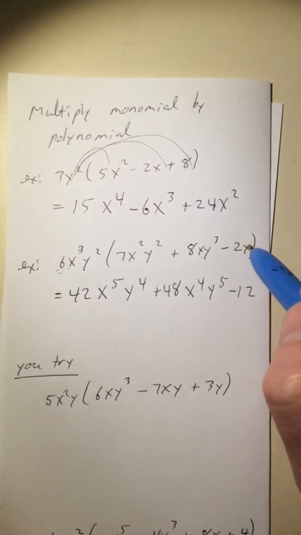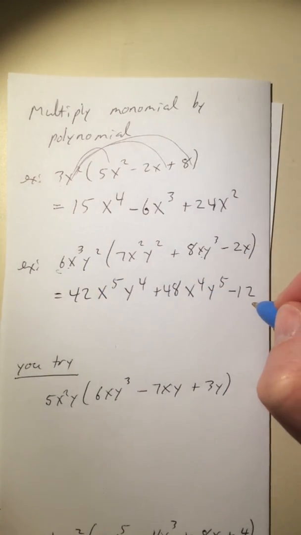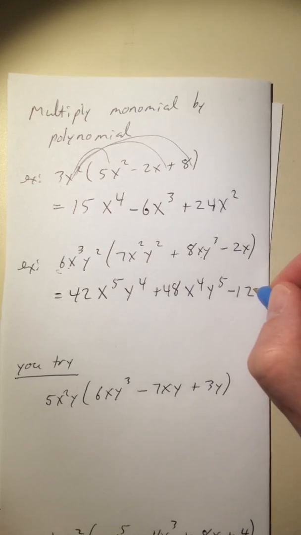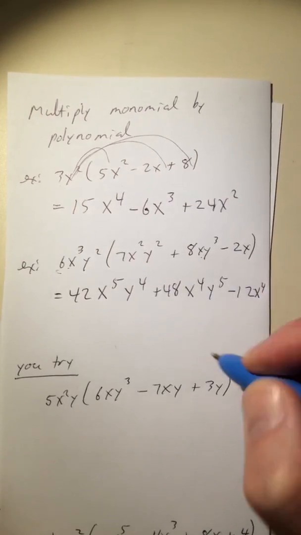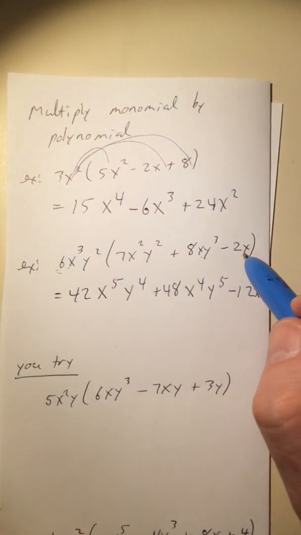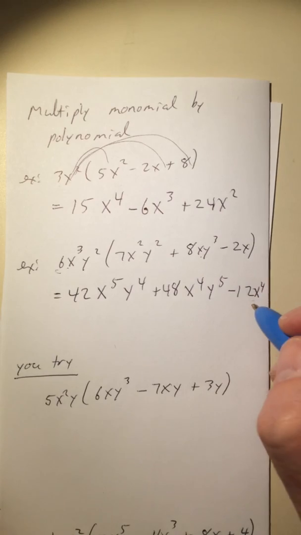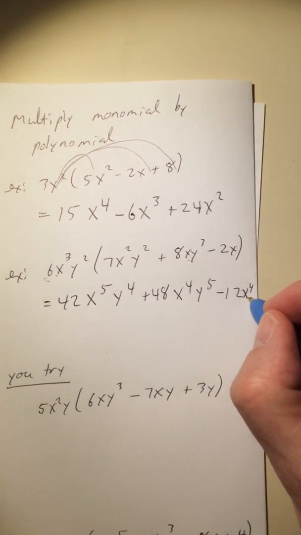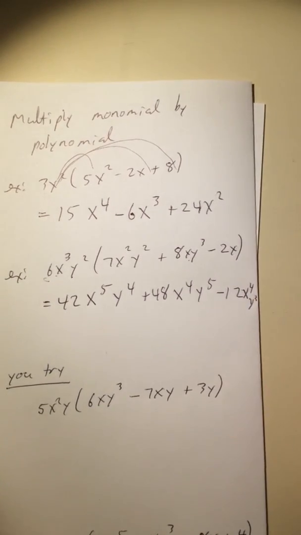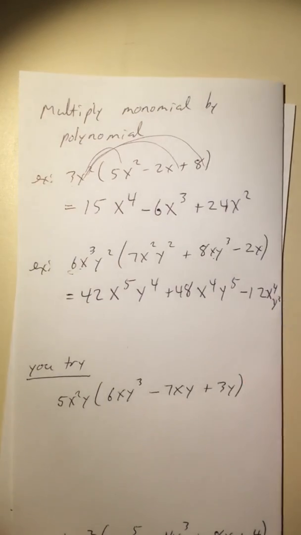X cubed times x is x to the 4th. I'm running out of room, but I'll manage it. And we got y squared times what we really consider to be a 1 there. There's no y, but we can say that there's a 1 there. So we're just going to tack on the y squared at the end. Sorry, I squeezed that in. So there's a y squared, and that's that.